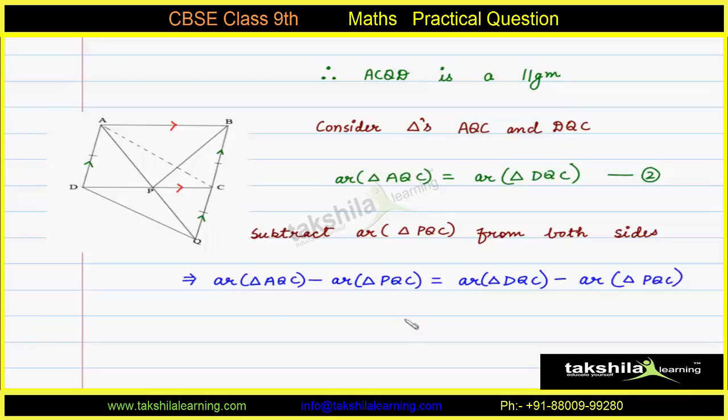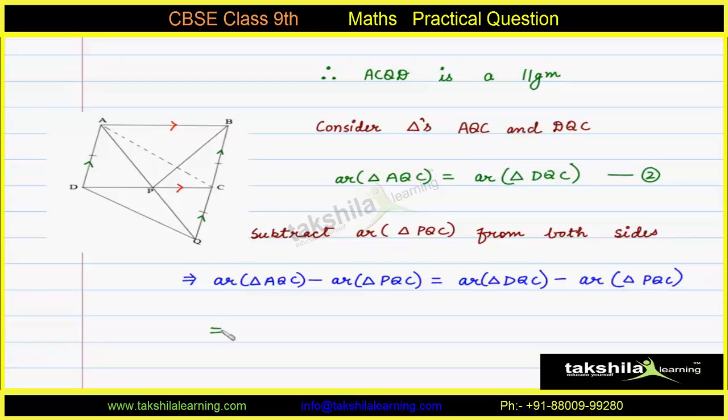Now let us look at our figure. So from our figure, we can see that area triangle AQC, that means this triangle here, and from this triangle if we subtract PQC, so that means from this triangle here we are subtracting this triangle here, then we will get our triangle APC.